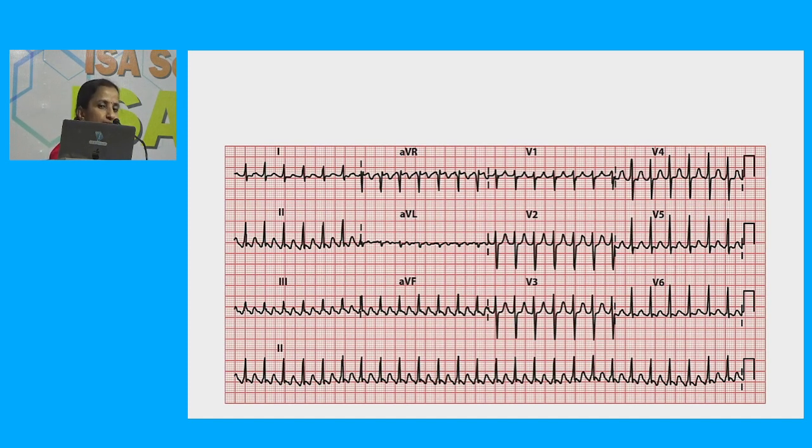Definitely there is tachycardia, meaning the heart rate is more. What about the P wave? Is there a delta wave? There is no delta wave. For a delta wave, there should be slurring of the upstroke of the R wave. There is nothing like that.